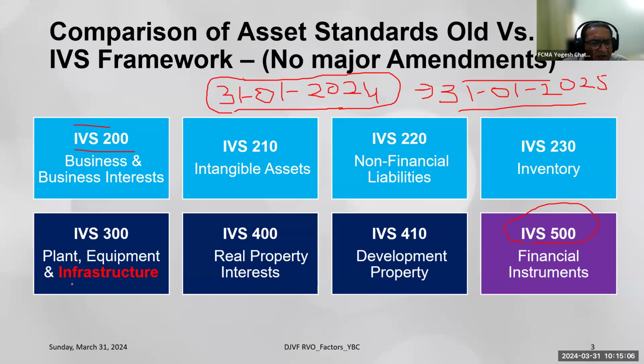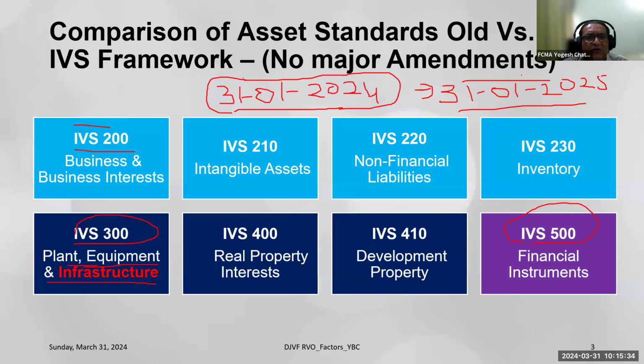But actually, the differences are like in IVS 300, which is related to plant and equipment. If you refer to the current version of the international valuation standard, that is named plant and equipment. But in the revised standard, it has now been renamed plant, equipment, and infrastructure.